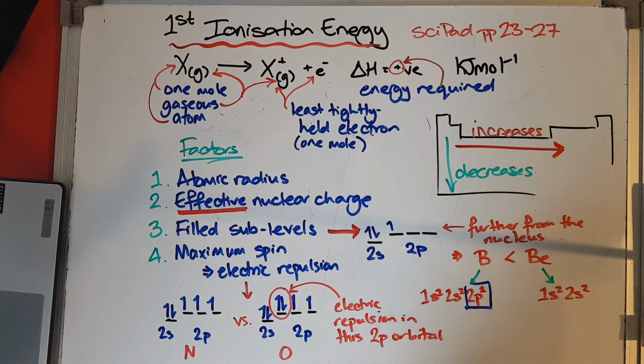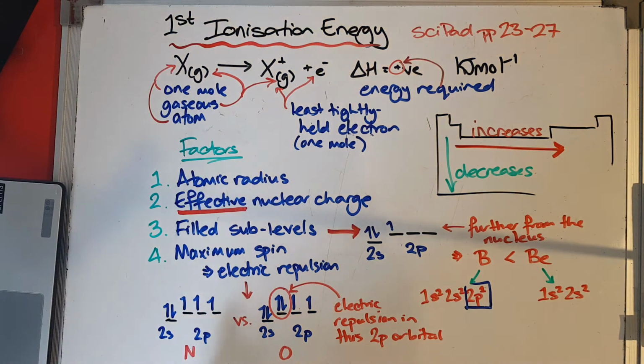The 2p electron is easier to remove because the 2p orbital has a slightly higher energy and does go a bit further away from the nucleus.